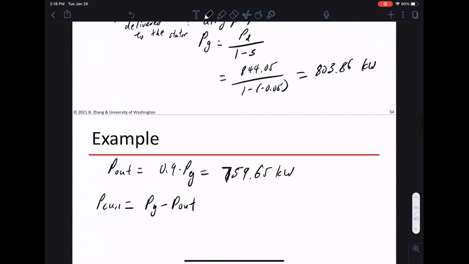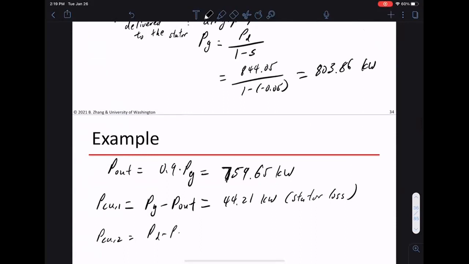Subtracting this power gives you the stator loss as 44.21 kilowatts. Then the rotor loss is PD minus PG, which is 40.2 kilowatts. So this is the rotor loss.